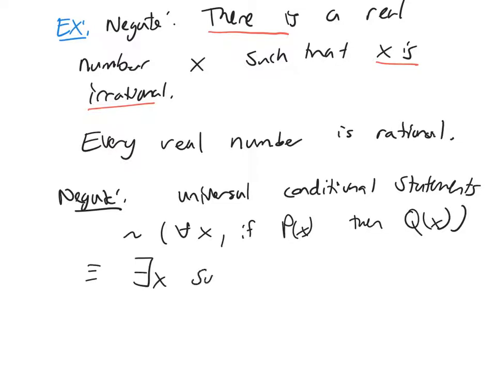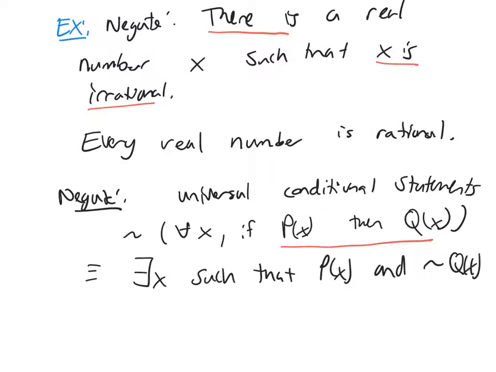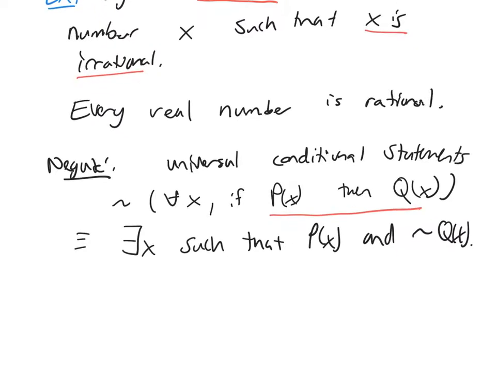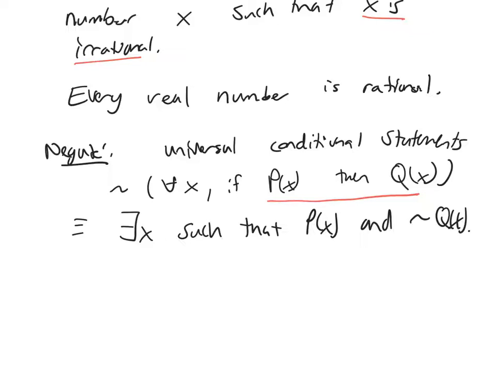There exists an x such that. And then remember how to negate an if-then statement, a conditional statement. It becomes p of x and not q of x. And you also have, for these universal conditional statements, the contrapositive, the converse, and the inverse.